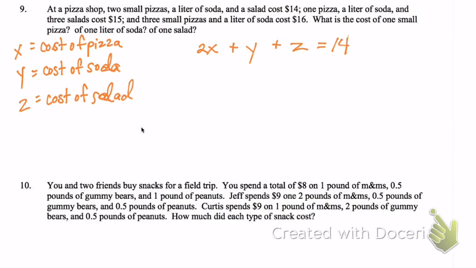Then it says 1 pizza, so 1X, and 1 liter of soda, 1Y, and 3 salads cost $15. Then it says 3 small pizzas, 3X, and 1 liter of soda, so plus Y equals 16. And you notice that there is no Z there.